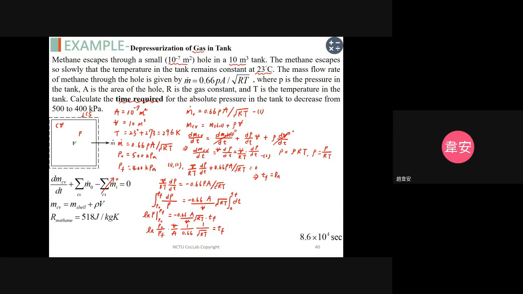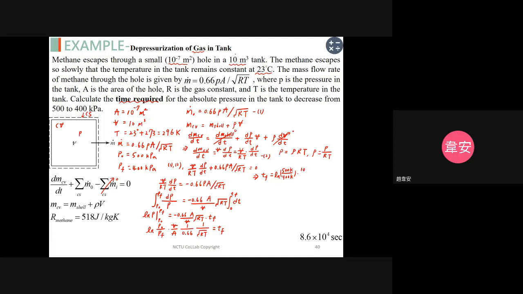The P0 is 500 kPa, and the P final is 400 kPa. So there is 500 kPa divided by 400 kPa, and multiply by 10.